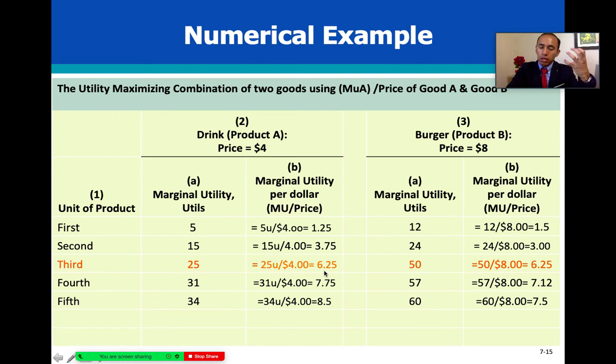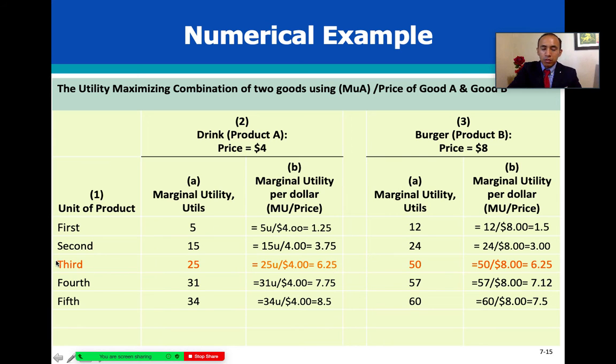And then the third burger gives you 50 marginal utilities divided by $8. That's 6.25. Notice how these two are equivalent: 6.25 marginal utility per dollar for a burger and 6.25 marginal utility per dollar for a drink.